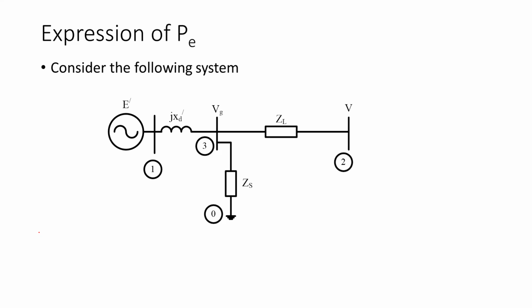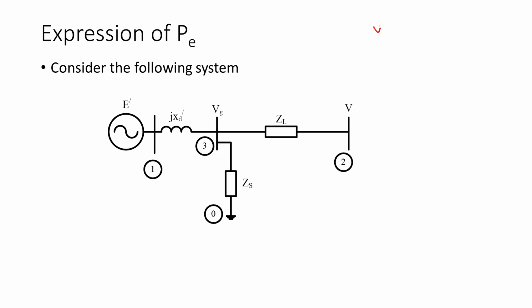Then we have some line impedance ZL. ZS can be some local impedance maybe, so say your generator is supplying to the infinite bus voltage, that is your bus 2, and at the same time it is also supplying some local load, where the impedance is ZS. The main takeaway from here is that all the quantities written over here are phasor quantities.